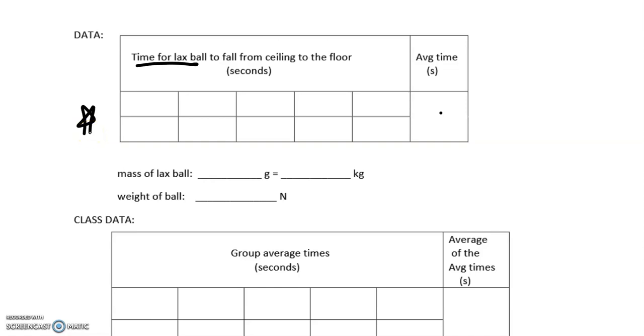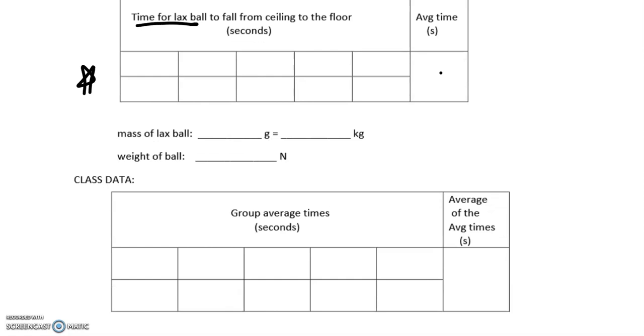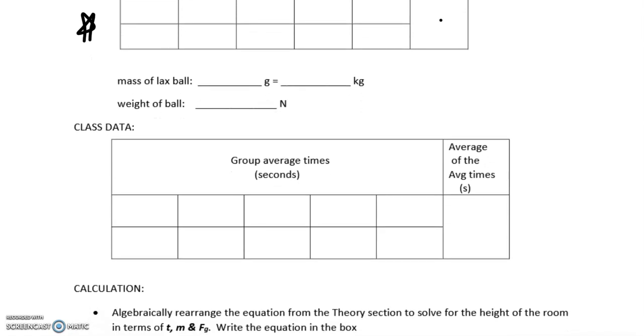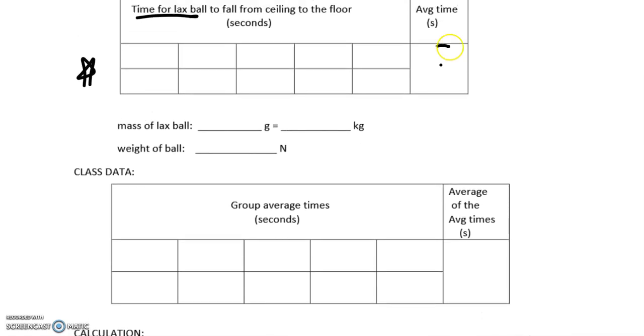So one way we can help reduce the chances of being inaccurate is, once you have an average time for your group, round it to the nearest hundredth of a second, because that's what your stopwatch does. So if your average time is 0.86, or let's say the average on a calculator turns out to be 0.8658, round that to 0.87. And then what you're going to do is share this with the class, either on the whiteboard or just talk to each other.